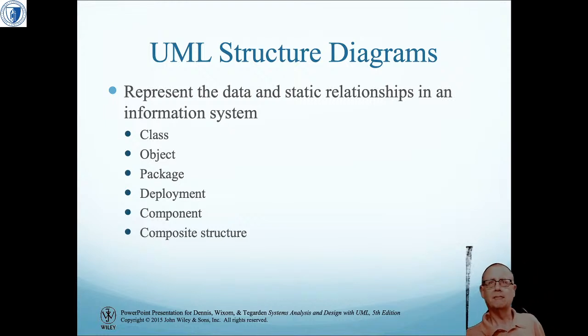The structure diagrams let us represent how classes interact, how instances of classes or objects interact, how the packages within a system interact, how the deployment of a system works, the different components in a deployment, and how things are composed.